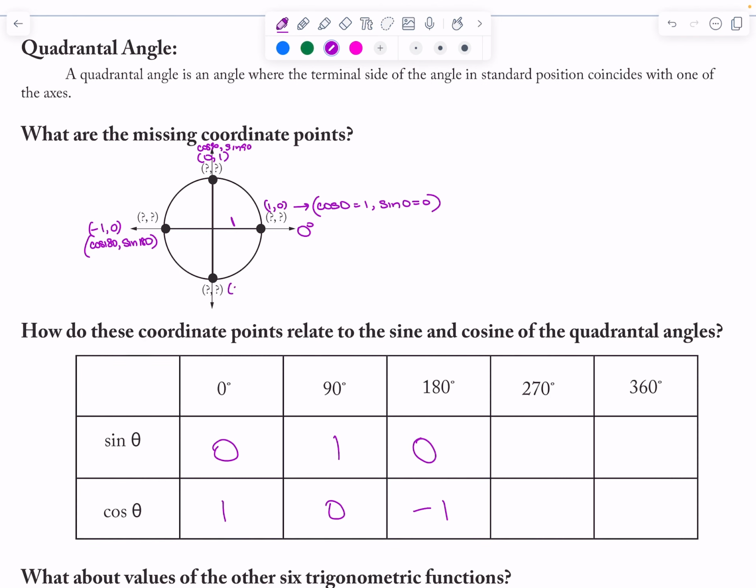And then I have 0, negative 1, so I have my cosine of 270 degrees and my sine of 270 degrees. That is 0 for my cosine and negative 1 for my sine. And then 360 degrees is back to what we had for 0 degrees.